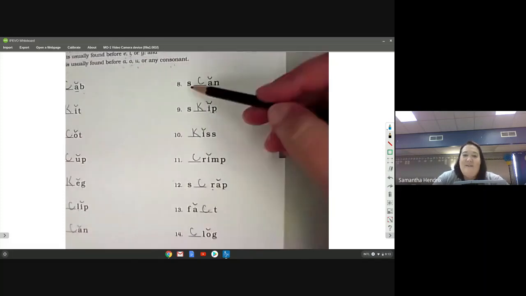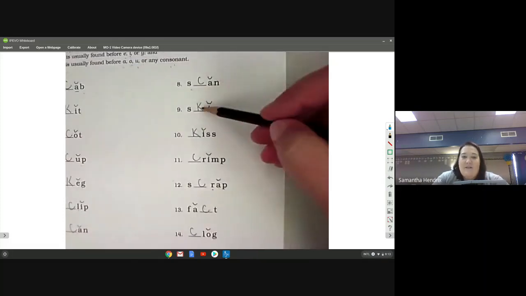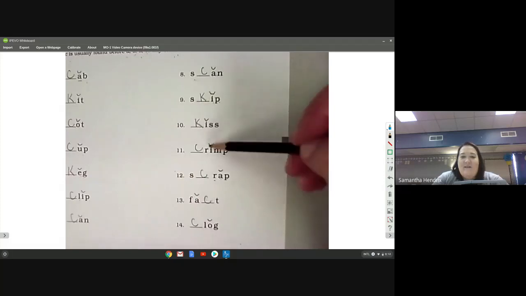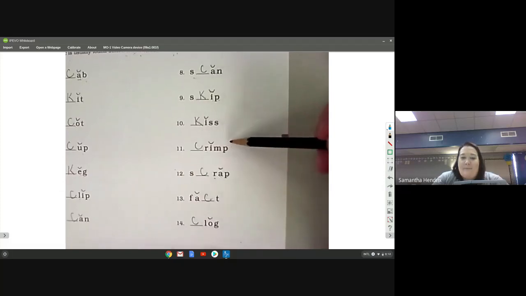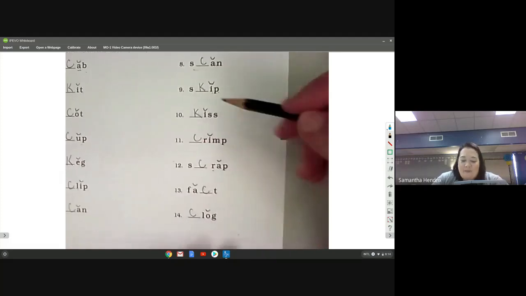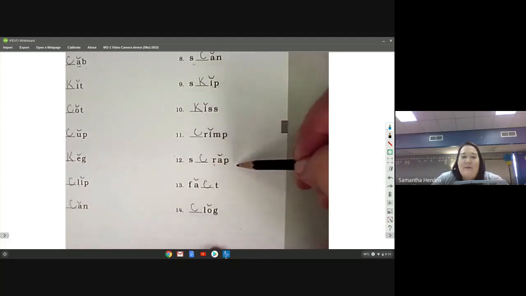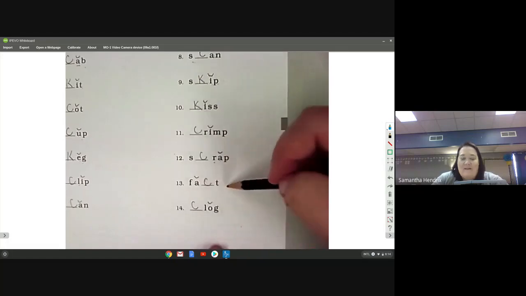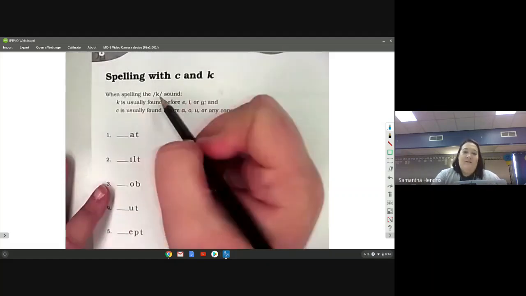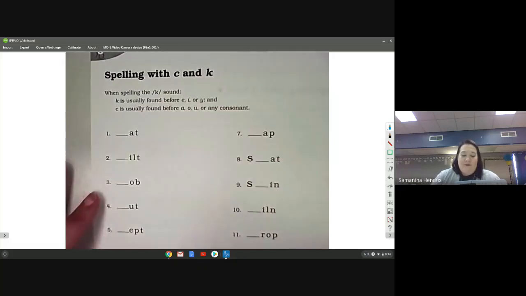So we have scan, skip, is, crimp. This has two blends in it, cr and mp. Okay, scrap, fact, and clog. Okay, so for your independent work, here's your rule again. Okay, so you don't have to flip back over.